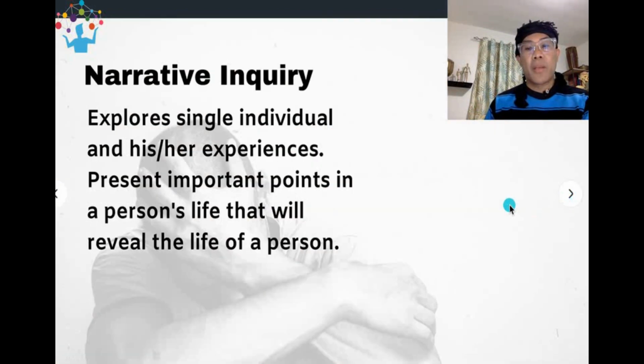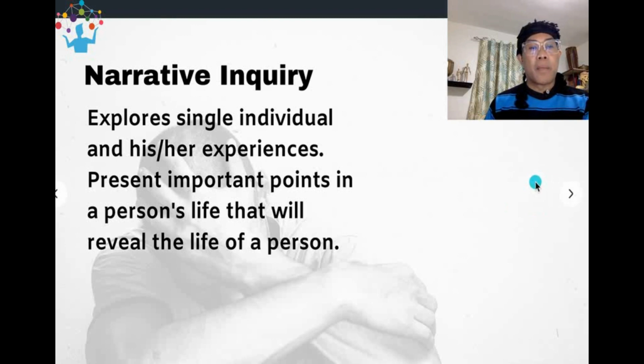The next one is the narrative inquiry. This one is very much related to case study, only that the narrative inquiry is more of dealing with individual cases.